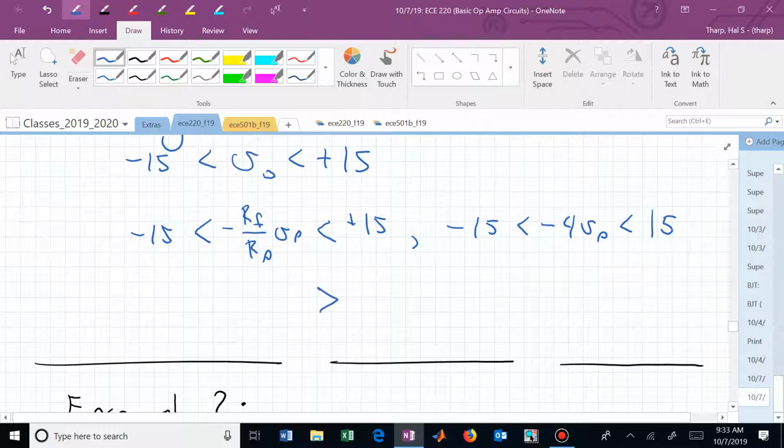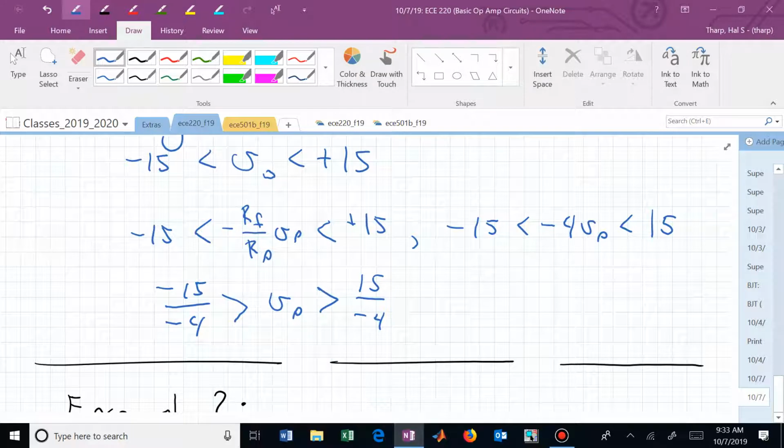So now we have 15 over minus 4. V sub S is going to be bigger than that, and it's going to be smaller than minus 15 divided by minus 4. Or this is now minus 3.75 and this is 3.75.